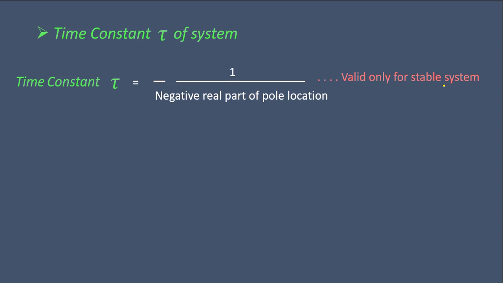So this is again one important point you need to know. First, the time constant tau is given by minus 1 upon negative real part of pole location, and second, it is valid only for a stable system. So this was one method to find the time constant tau of a system.